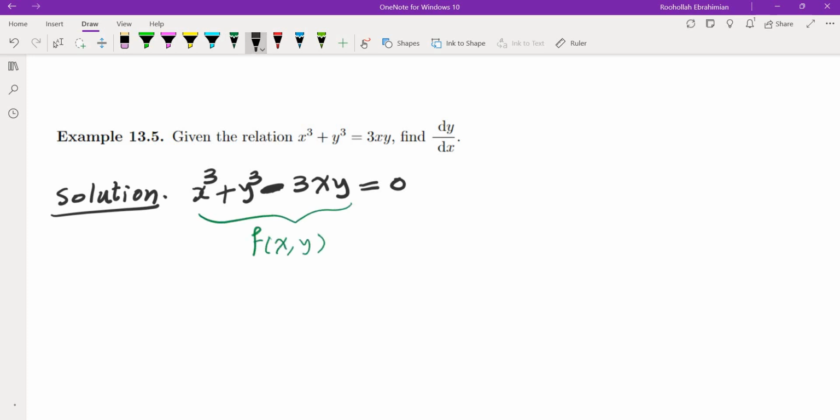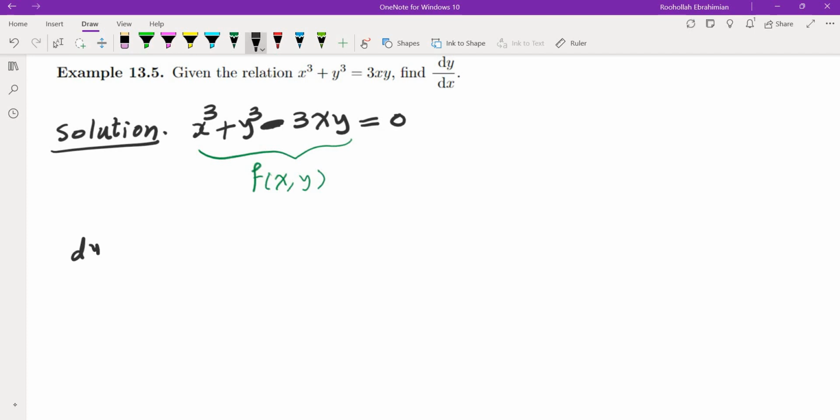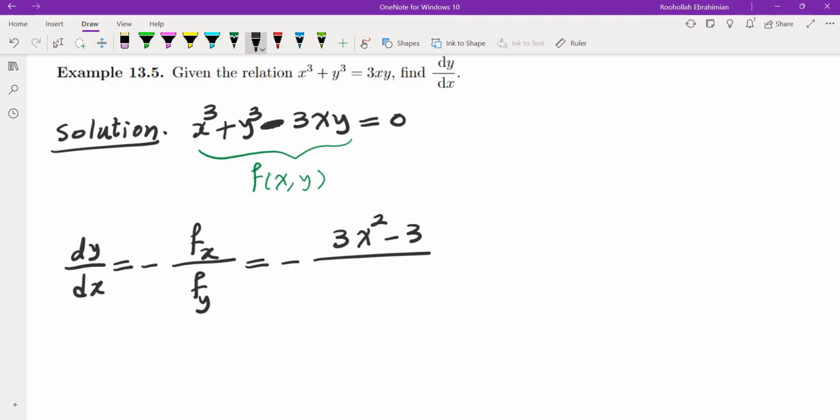So what we could say is the derivative of y with respect to x is equal to minus f sub x over f sub y, which is minus, we have to first differentiate this with respect to x, so 3x squared minus 3y, and divide that by 3y squared minus 3x.